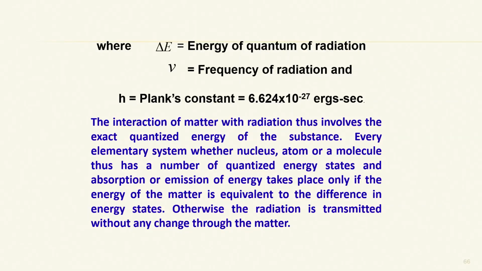So, every elementary system, whether nucleus or an atom or a molecule, thus has a number of quantized energy levels, which we have seen earlier, in the form of N, L, S and M. Absorption or emission of energy takes place only if the energy of the radiation is equivalent to the difference in the energy states.